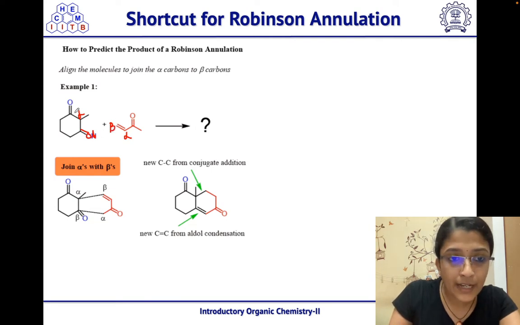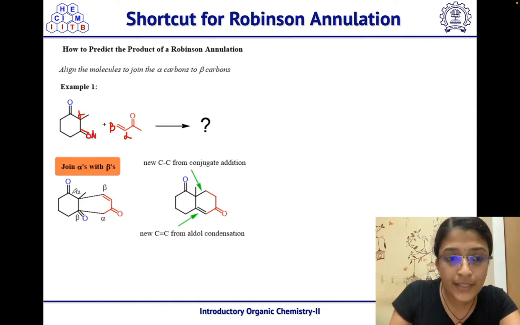So we will align in such a way that the alpha carbon will be towards the beta carbon of the other starting material. Here we will have conjugate addition, and on this side we will have aldol condensation reaction.